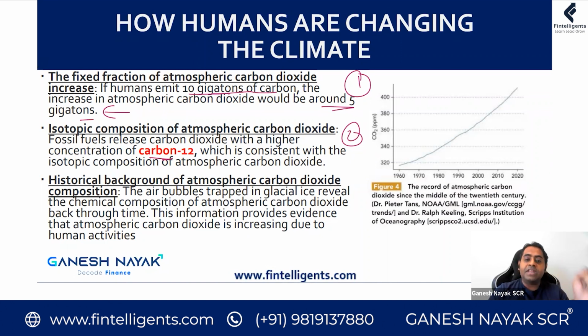This is very specific to fossil fuel consumption, which basically means this carbon-12 gets emitted only when you burn, say, wood, or when you do combustion of petrol. So these fossil fuels are the ones releasing carbon-12, which we can see in the atmosphere. So whenever we study carbon dioxide in the atmosphere, we find that carbon-12.